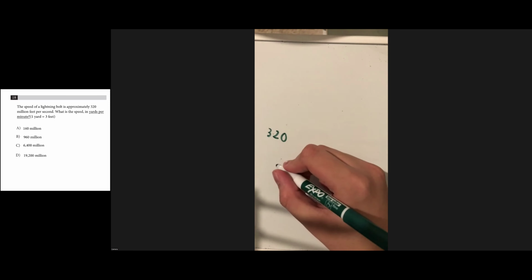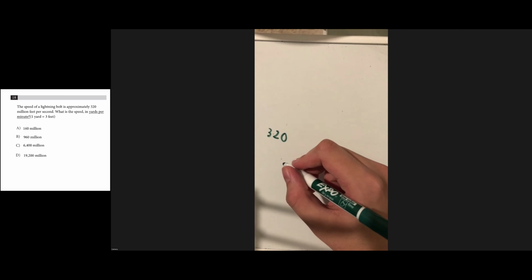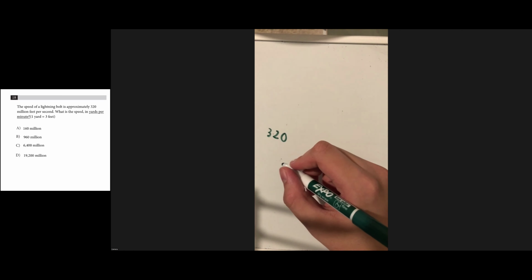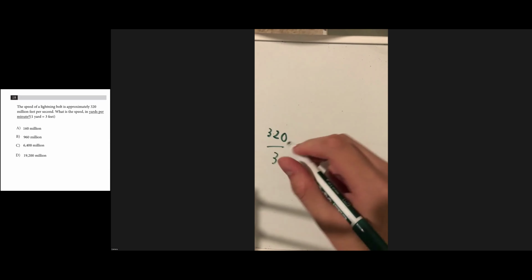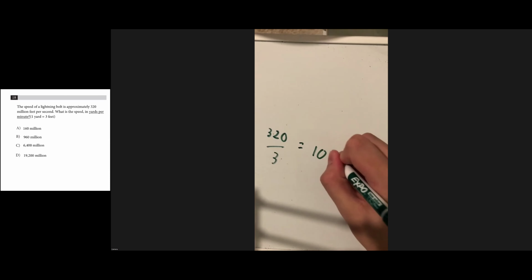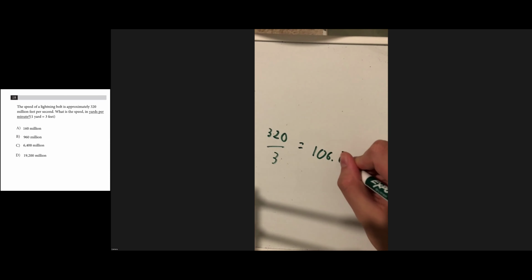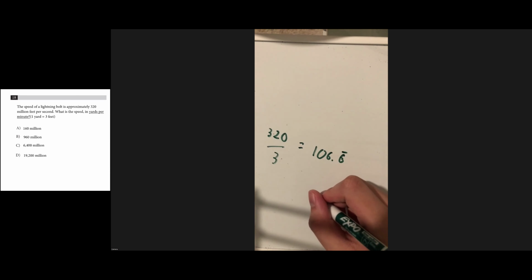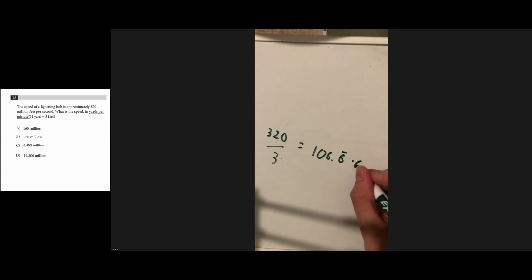What is the speed in yards per minute? And so since we're given it in feet per second and we need to convert into yards, we have to divide by 3, which gets us like 106.6 repeating. And then we need to convert from seconds to minutes. So we need to multiply by 60, which gets us 6,400. So the correct answer is answer choice C.